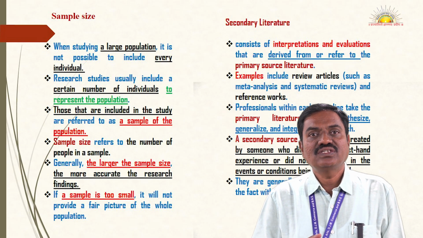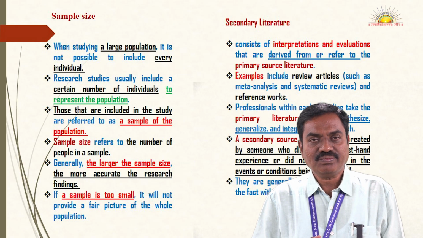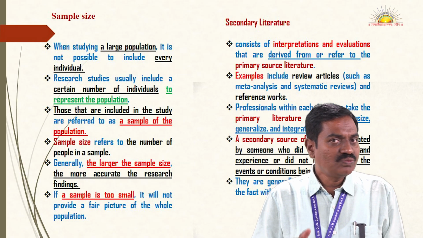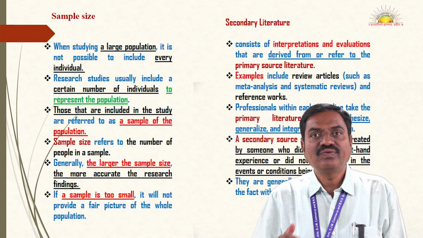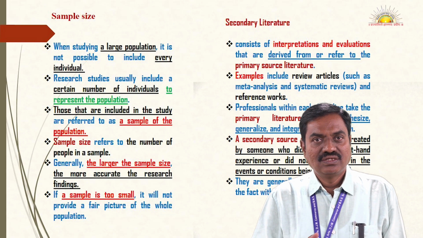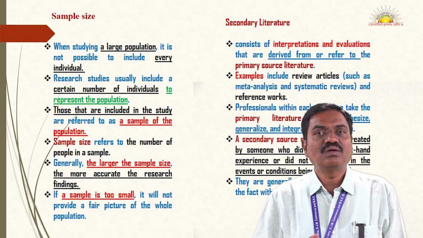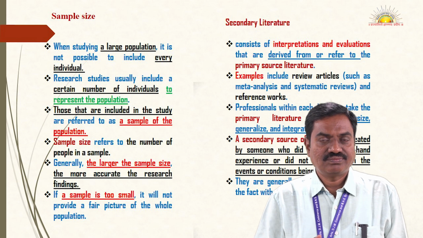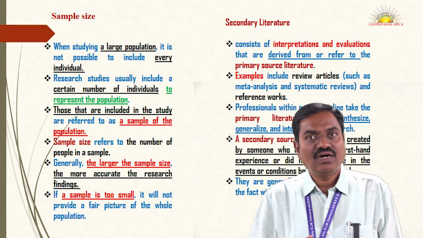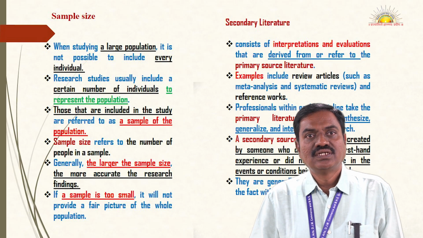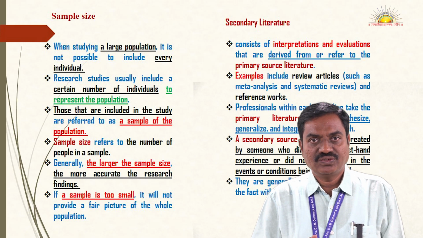The next term is sample size. When studying a large population, it is not possible to include every individual. Research studies usually include a certain number of individuals to represent the population. Those that are included in the study are referred to as a sample of the population.